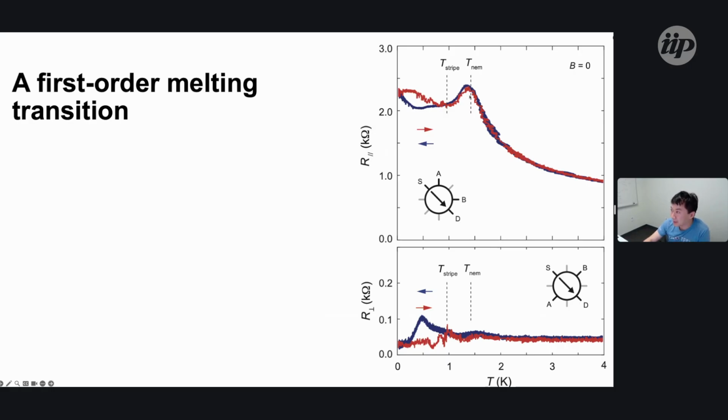The peak is usually associated with a nematic transition. Above this peak, the anisotropy follows a Curie-Weiss law. Interestingly, below this nematic transition, the hysteresis appears somewhere else, and we call this T-stripe.